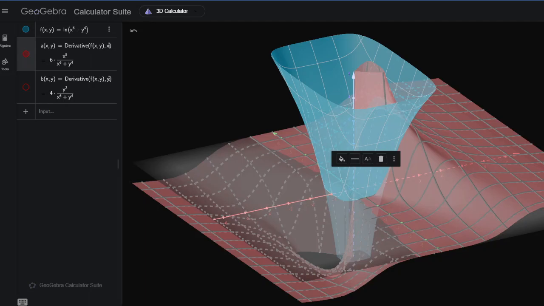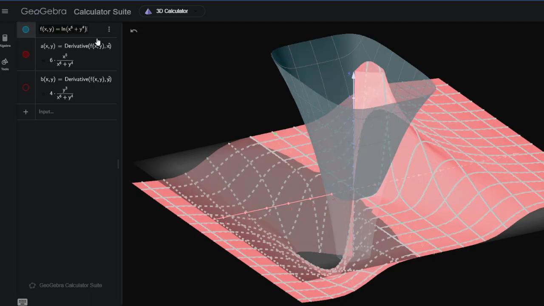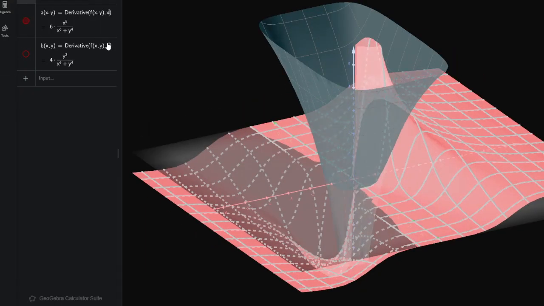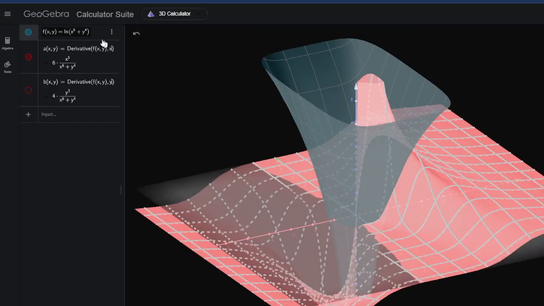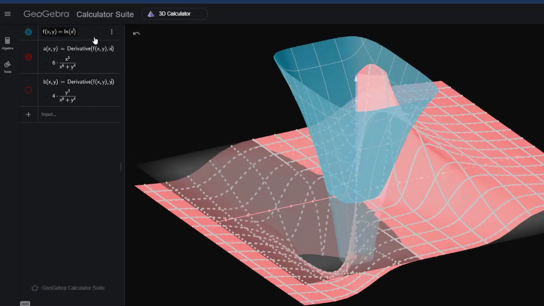Okay, so the last one that we did here, this is the big long polynomial: x squared minus 3xy plus 2y squared minus 4x plus 5y minus 12.